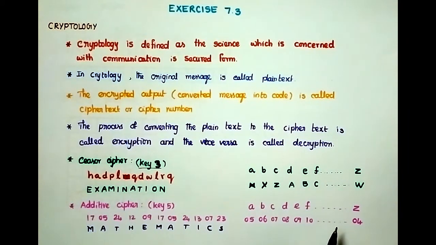How many letters are there? 26. They use the numbers from 00, so 25 is the last number. Listen to the word: 17 denotes M, 05 denotes A, and 24 denotes the letter T. Like that we get the word mathematics.